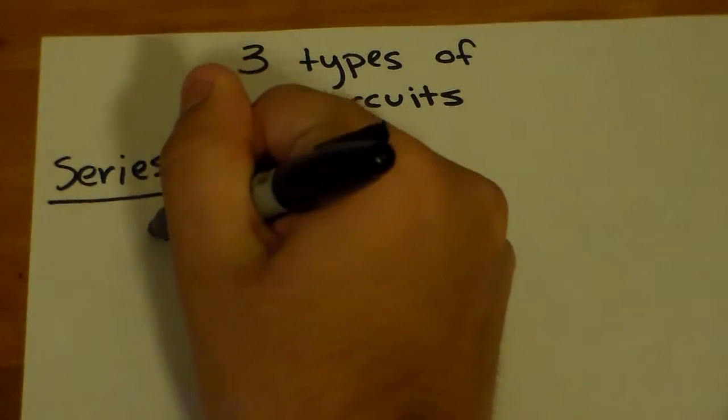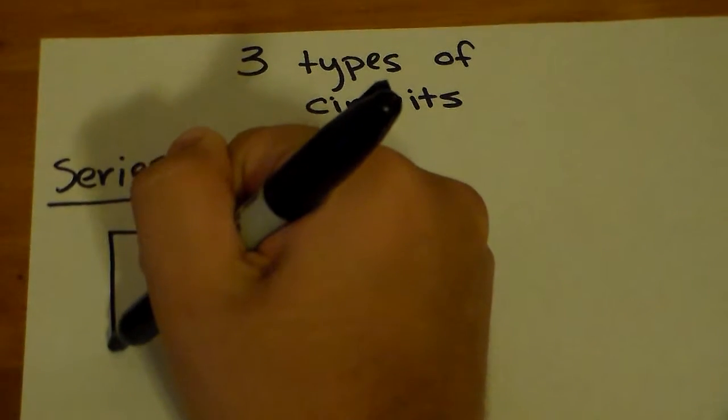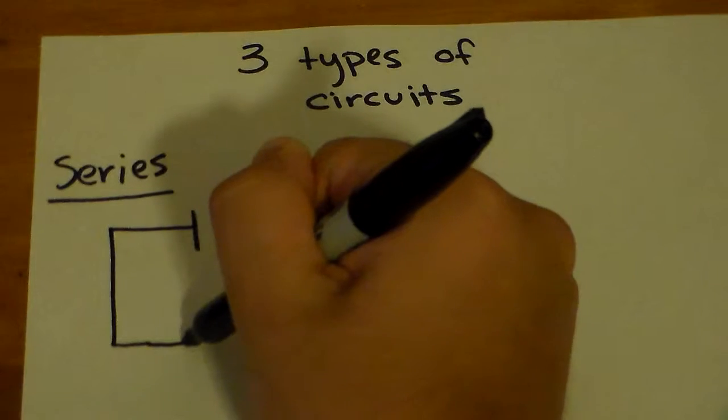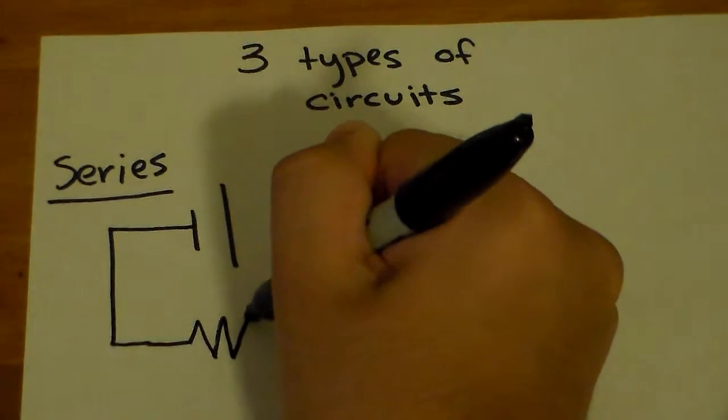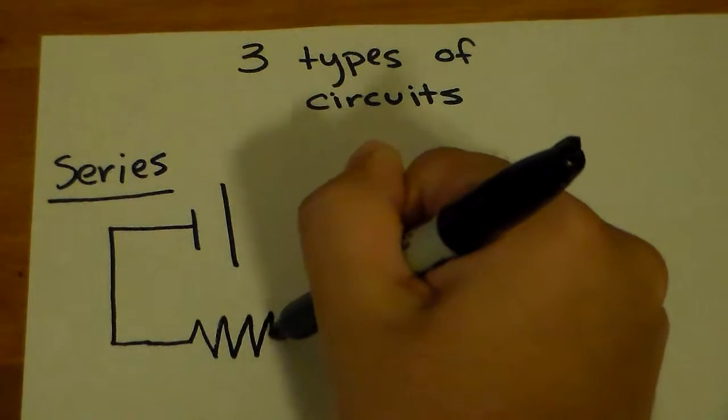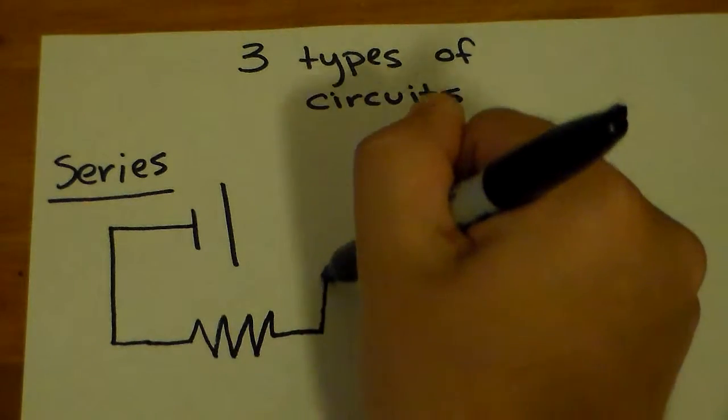We want to draw a small circuit here. This right here is what's called a resistor.